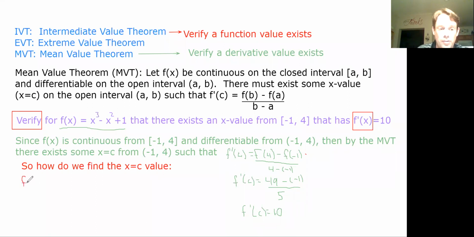So f prime of x would have been equal to 3x squared minus 2x plus 0. Plug 10 in.